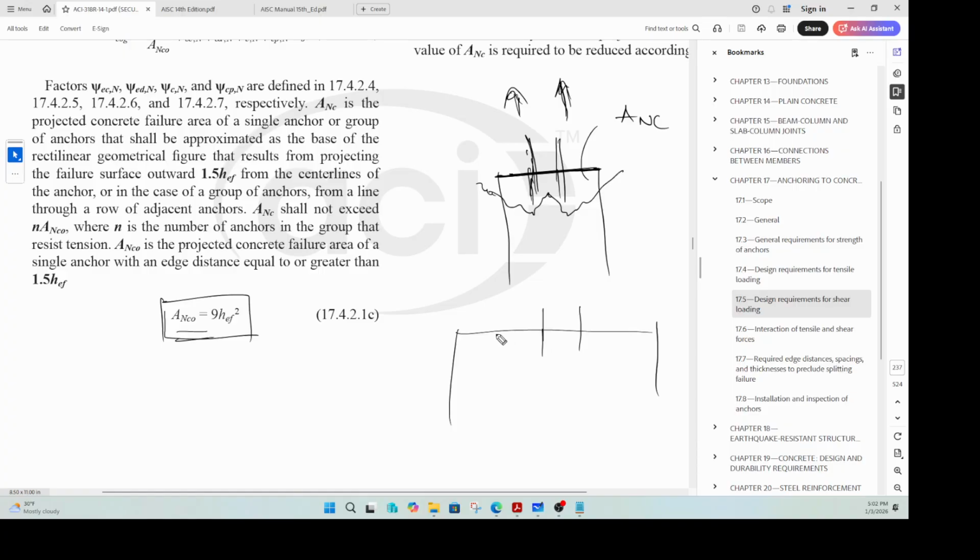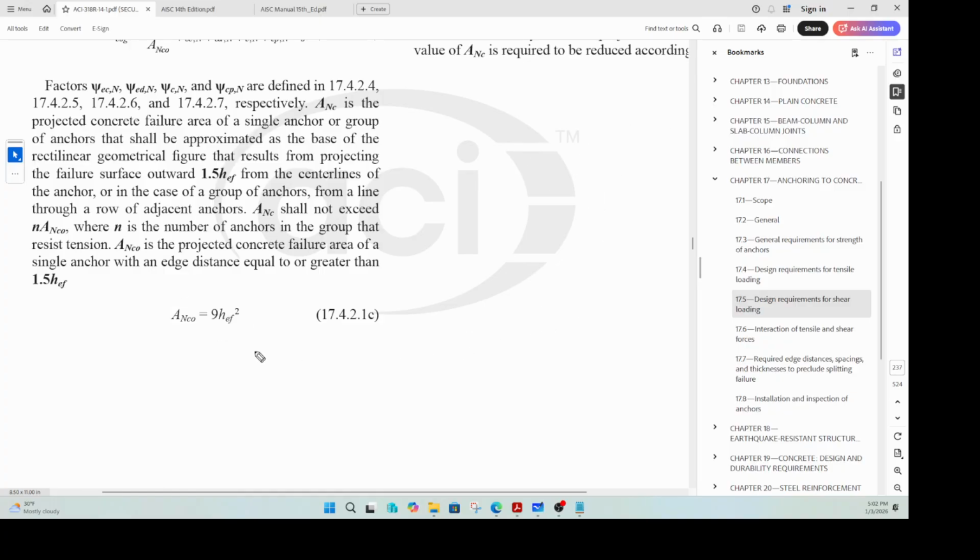And ANCO is again for one anchor. So your anchor is here, and you're pulling it like this. So that's your failure surface, correct? So this is 3 HEF, assuming this is HEF, right? And in the other direction, it will be 3 HEF, right?